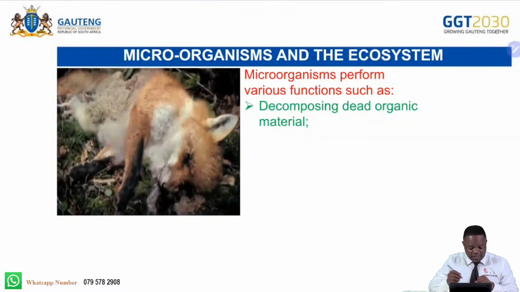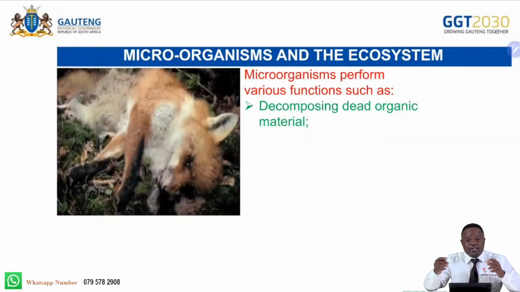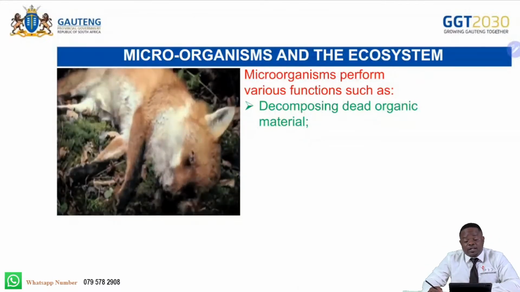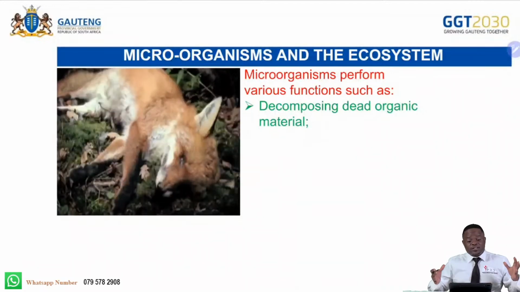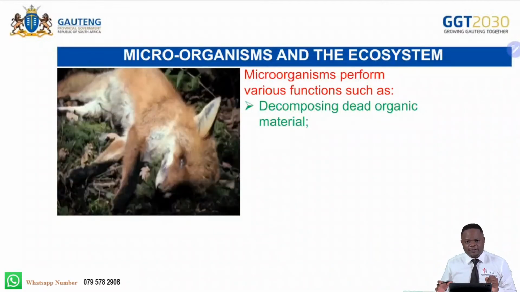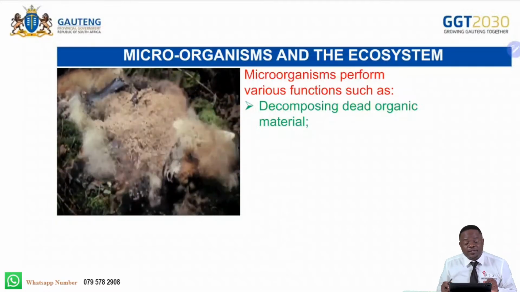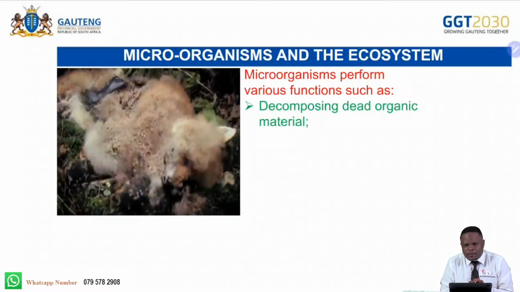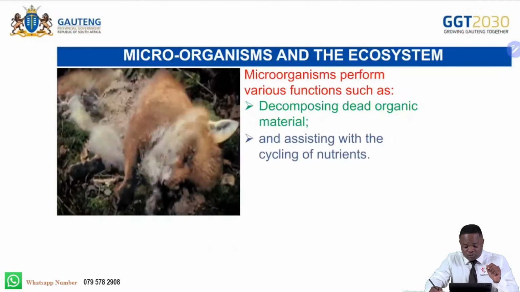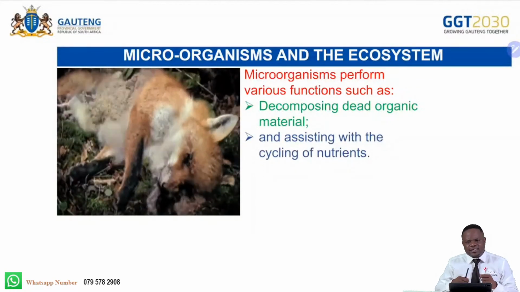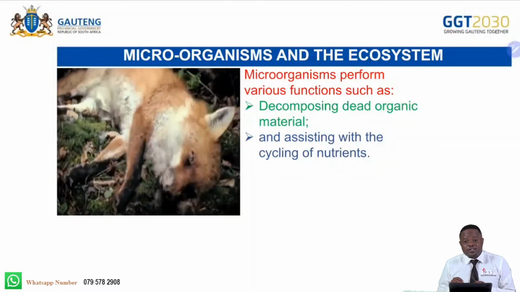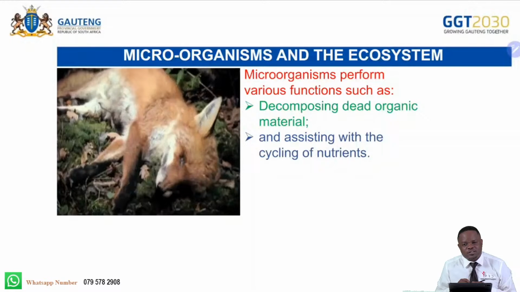When these consumers eat other animals, they get nutrients from those animals. And what happens when they die? Imagine if these decomposers were not there, it means the nutrients that are in these dead organic materials would remain inside them. But now, our microorganisms will assist in cycling our nutrients. So when they break down, those nutrients are reintroduced into the ecosystem.